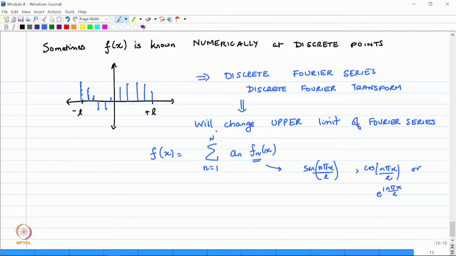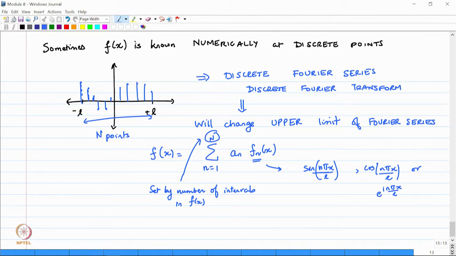But the important thing is that the upper limit, this N, is usually set by the number of intervals in f of x. So basically, if there are N discrete points in f of x, you will have N terms in the Fourier series.